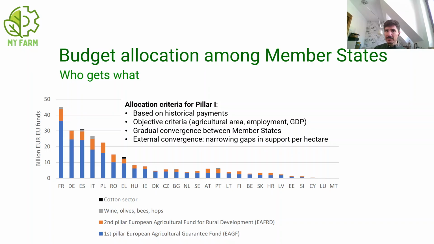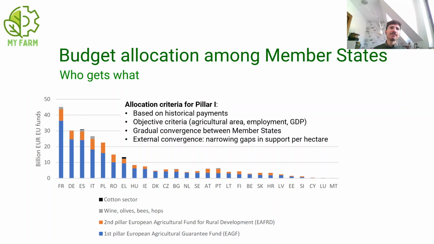The allocation per member state is based on different criteria. It is a very complex system, and also the result of political negotiations. But basically, they are based on historical payments and on some objective criteria like agricultural area, employment, and GDP.